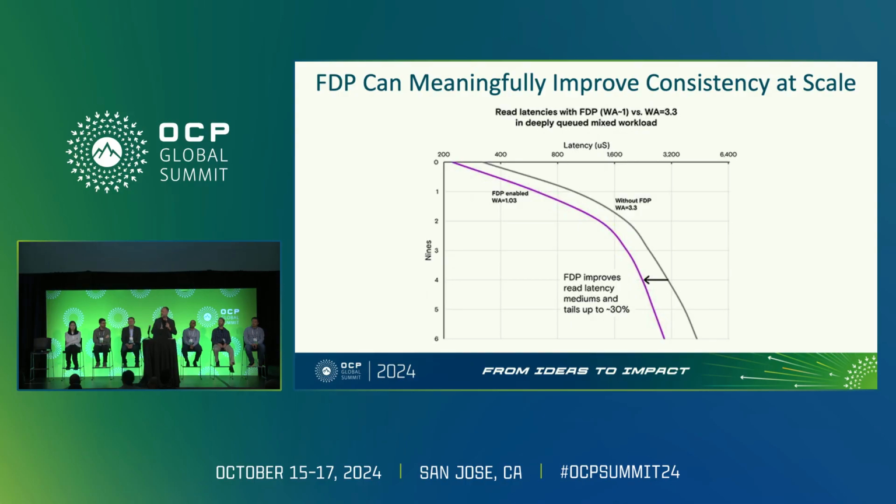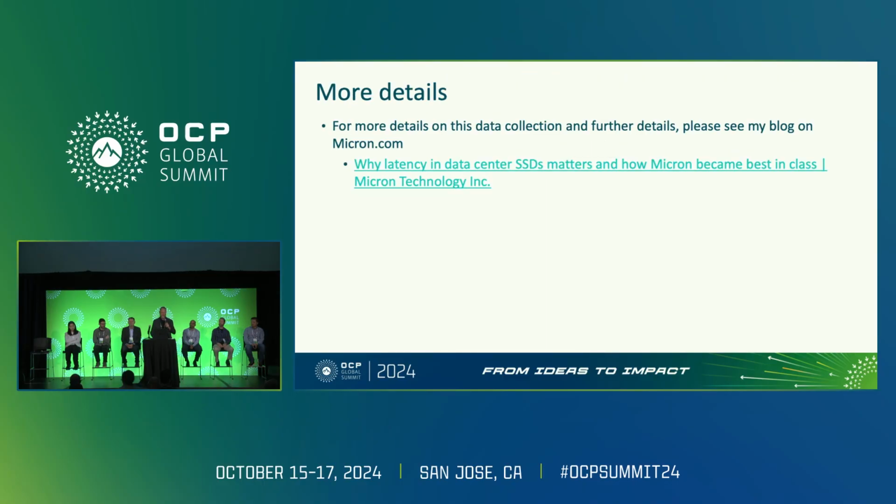On top of everything else, saving on power, endurance, and incremental performance, the latency outliers are an important one as well. At least for me, this is the first time I've seen any of this. As a follow-on, this came from a blog post I had done that digs deeper into why latency outliers in data centers matter and how Micron, we believe, became best in class. Thank you.